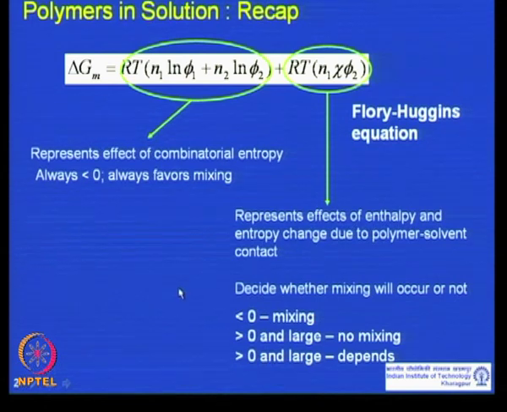If the value becomes less than 0, negative, obviously mixing will happen. If it is positive and large, no mixing. If it is slightly positive and small, then it depends on the competition between these two, which will decide whether the polymer will go into solution or not.